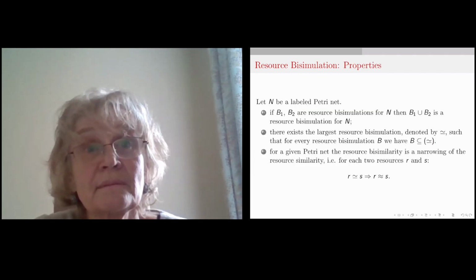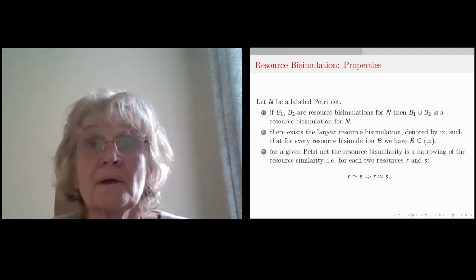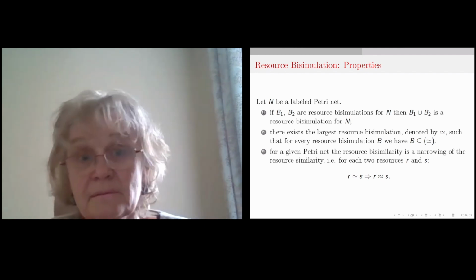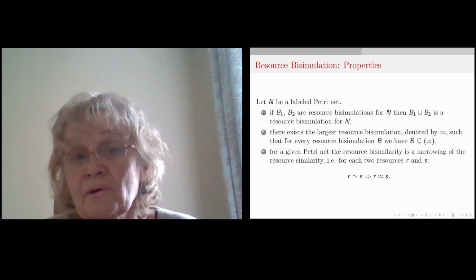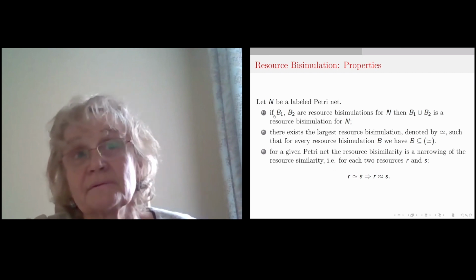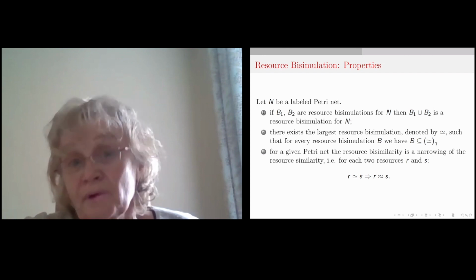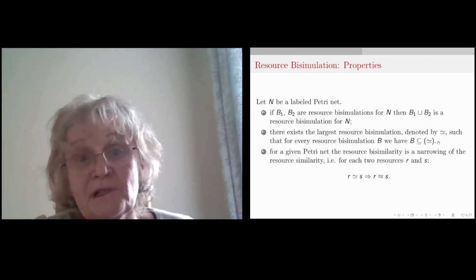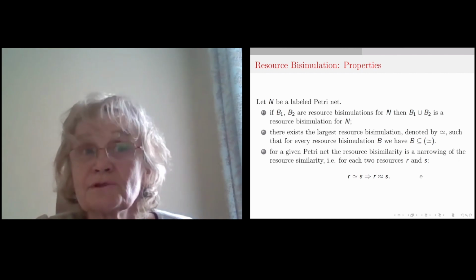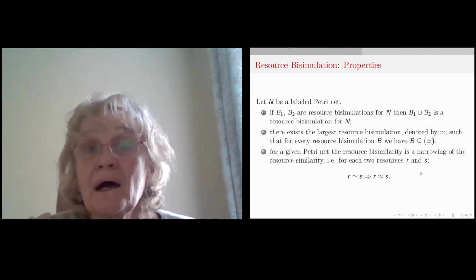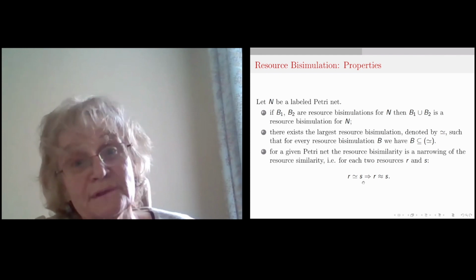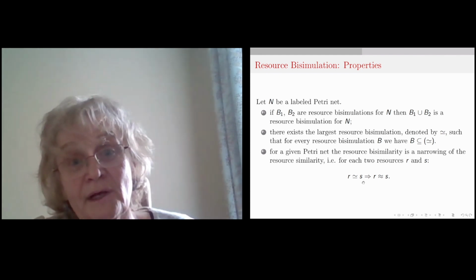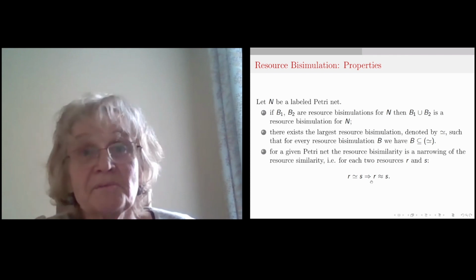We also have nice properties for this resource bisimulation. It is closed under union, so there is the largest resource bisimulation, and it is called resource bisimilarity. And if we have two bisimilar resources, they are also bisimilar as markings.